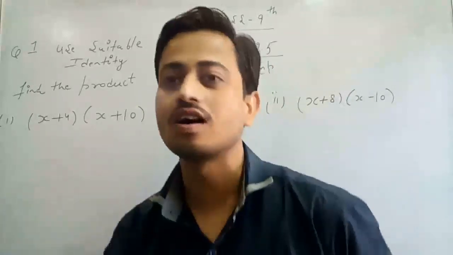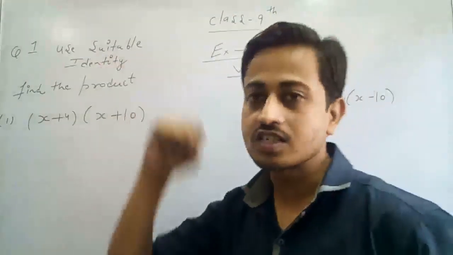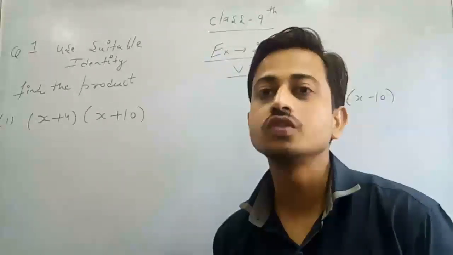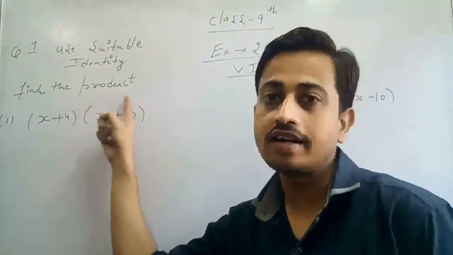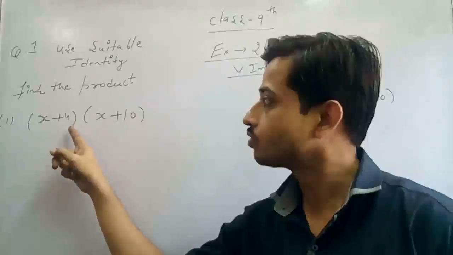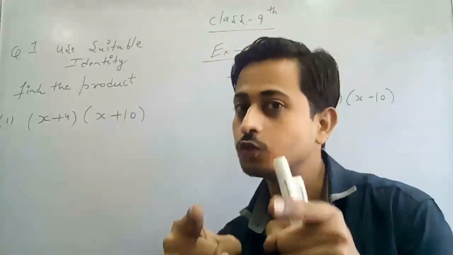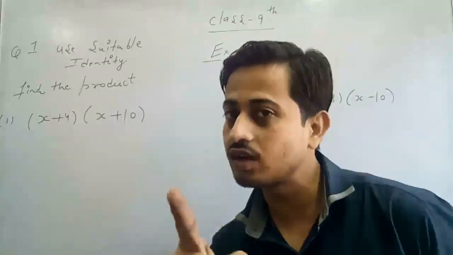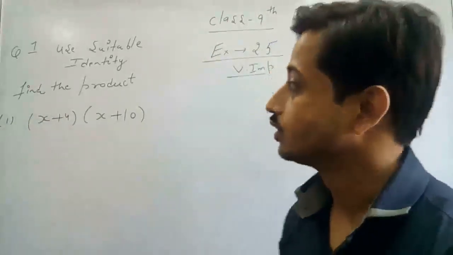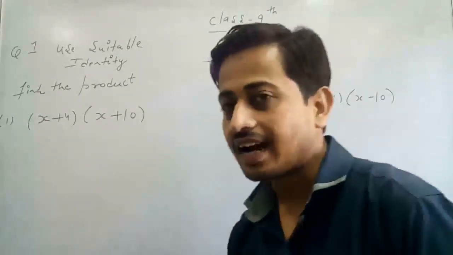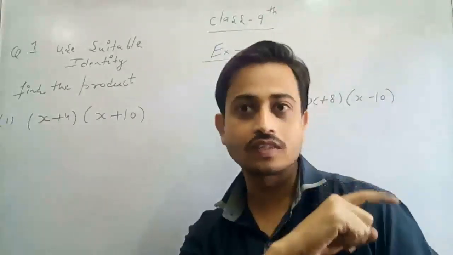So take a look. What's the first question? Use a suitable identity. It means we have to use the identity and find the product. It means x plus 4 is multiplied with x plus 10, but using the identity, not directly multiplying. So look at the identity. Identity number 4.